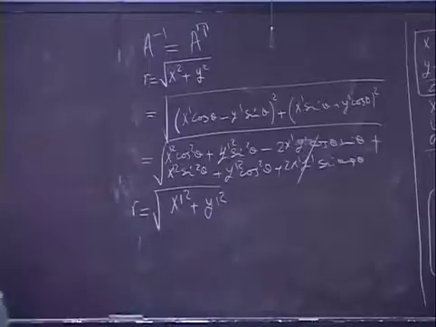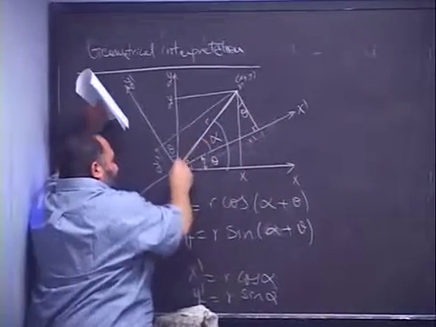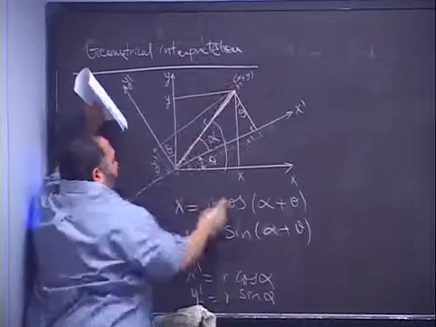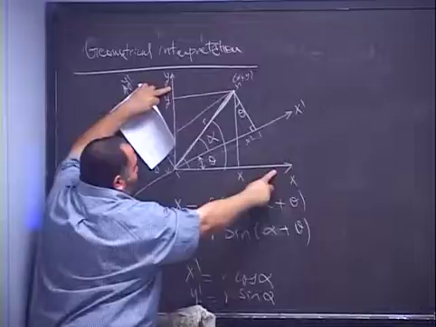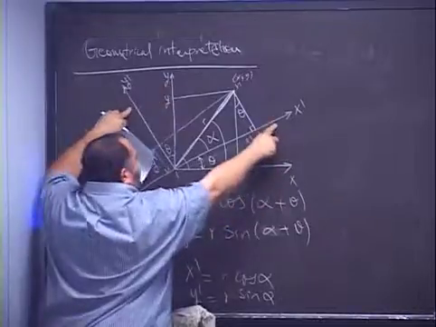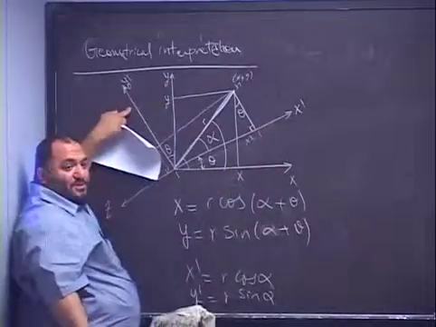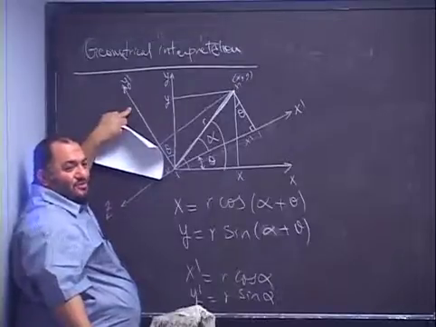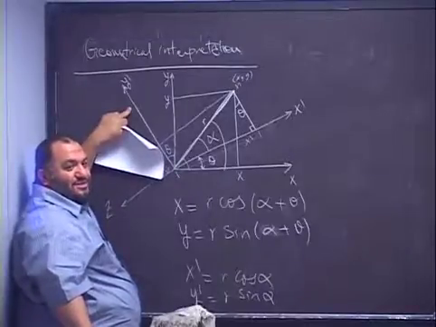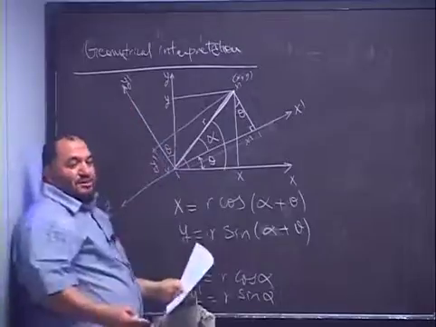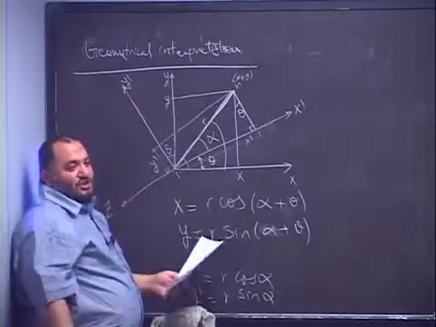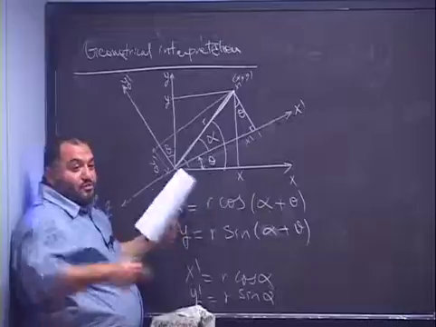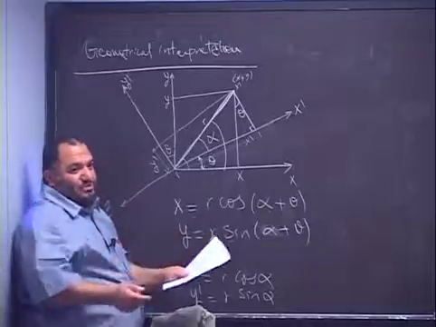Do you think vector A, with respect to x and y, changed when it is with respect to x' and y'? So for rotation, the norm for the vector does not change, because the matrix is orthogonal.